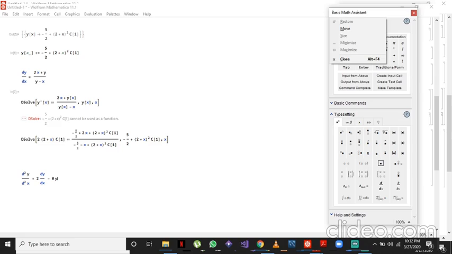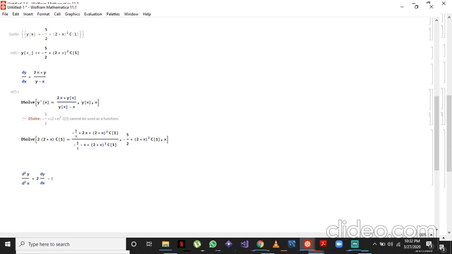Okay, I believe it was 8y, yes, and 8y equals 0. That is the equation that we are about to solve, the second order differential equation. To solve differential equations, we need to use the dsolve function that is inbuilt in the software.